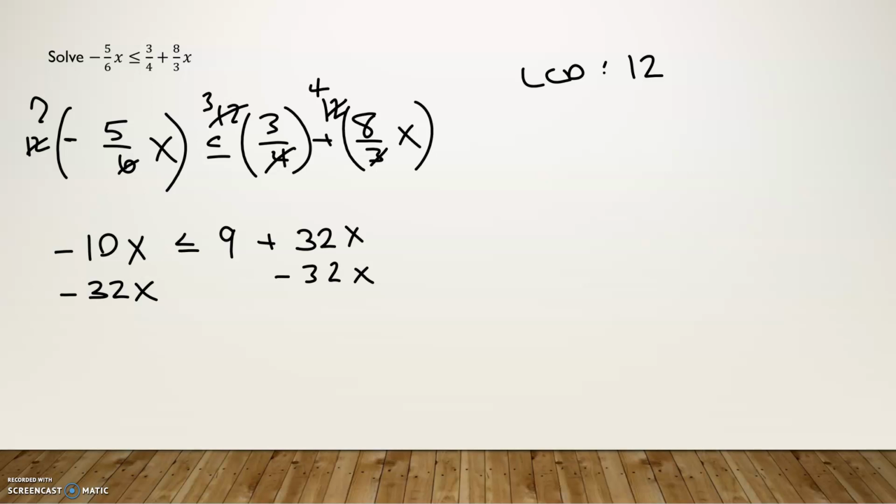from both sides. So that'll give me negative 42x less than or equal to 9. And then I'm going to divide both sides by negative 42. Now I'm dividing by a negative, so we're going to have x greater than or equal to a negative number.